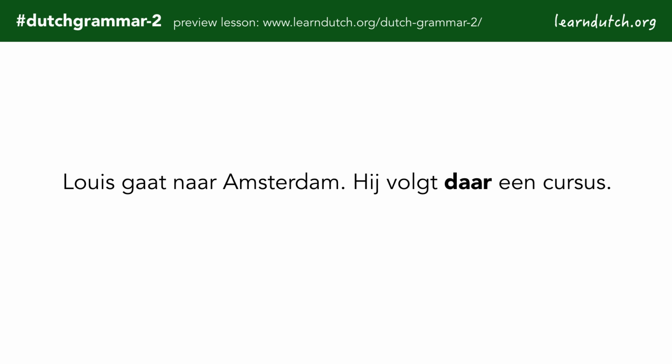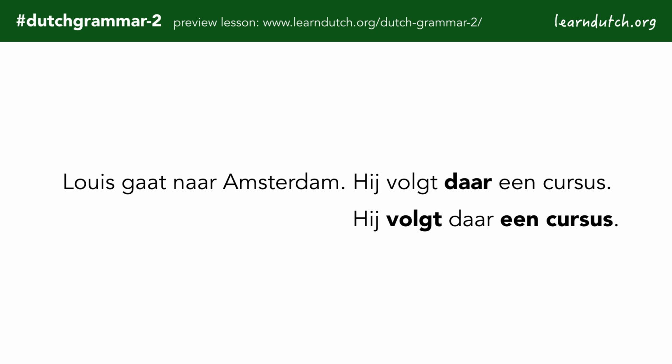The way you say a sentence will depend on whether you can replace daar by er. Louis gaat naar Amsterdam. Hij volgt daar een cursus. Or, hij volgt daar een cursus. Translation: Louis is going to Amsterdam. He's taking a course there. The word daar refers to Amsterdam. But do you hear the difference?